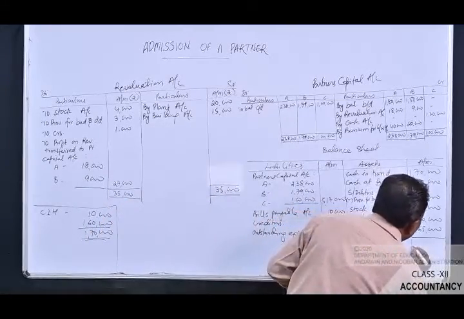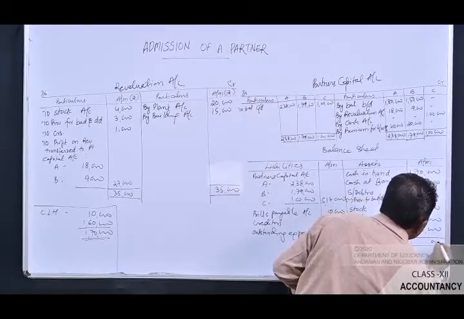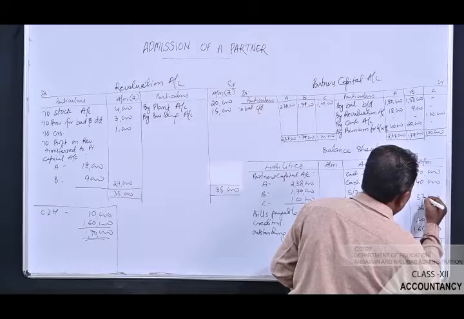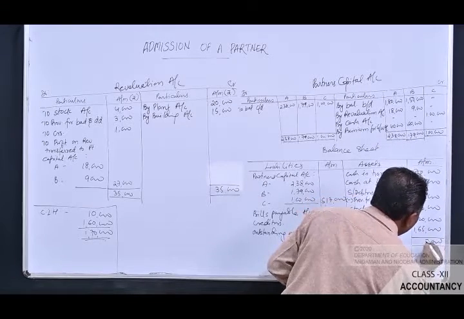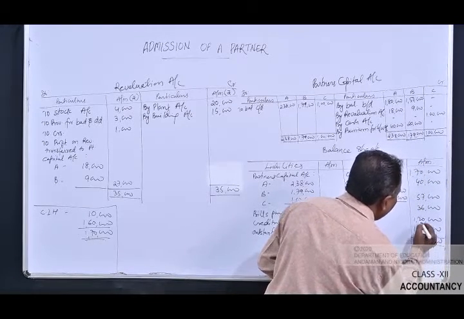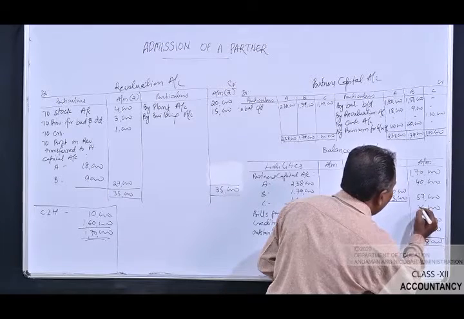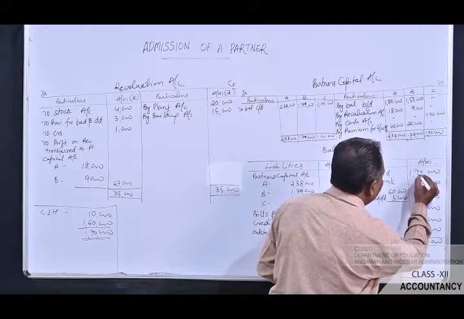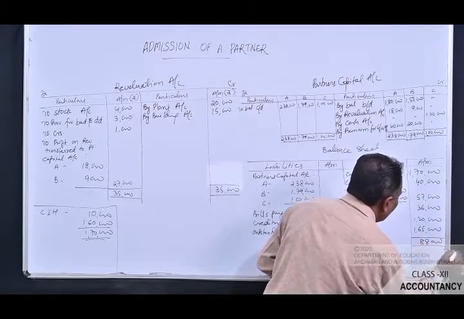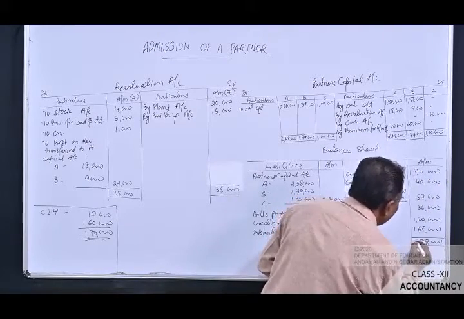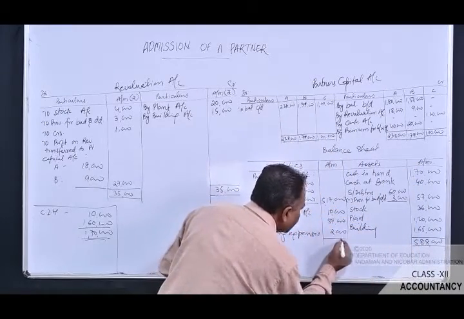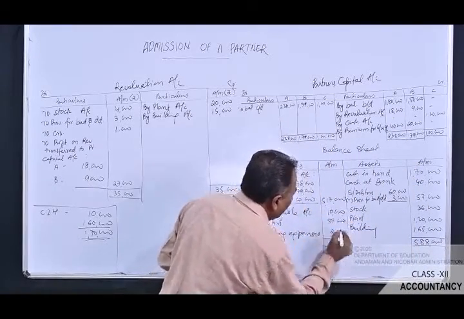Now the total of this side is calculated. It is 5,88,000 on the asset side. We should get the same figure on the liability side also.